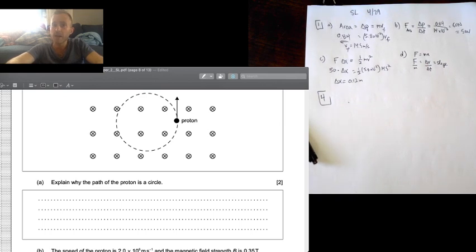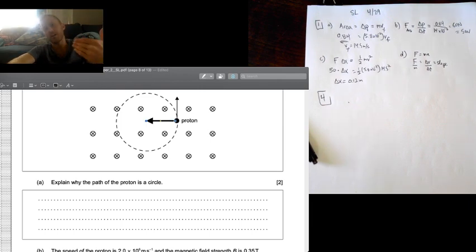If you were to do the right-hand rule, if you were to put your right finger in the direction of the velocity and then your middle finger in the direction of the magnetic field, you would find that there's a force on the proton that points towards the center of the circle.